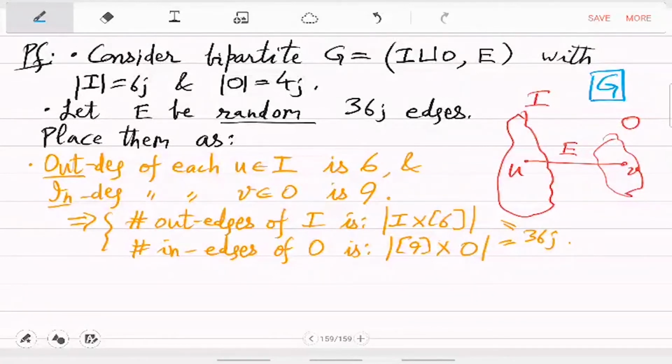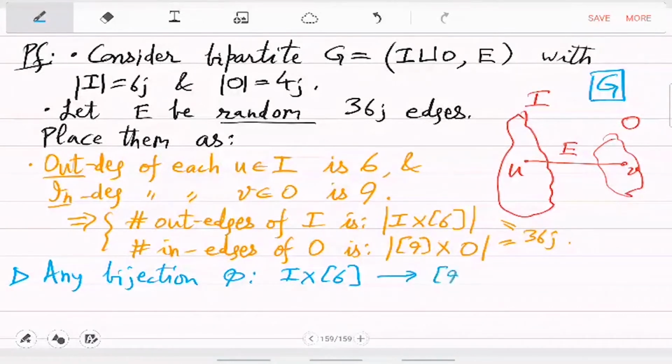We can first look at the vertices in I and place the 36j edges, and the same thing we can do symmetrically on O. So what you get is that any bijection from the I side to the O side defines the graph with an ordered adjacency list.